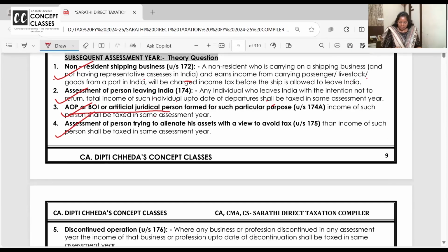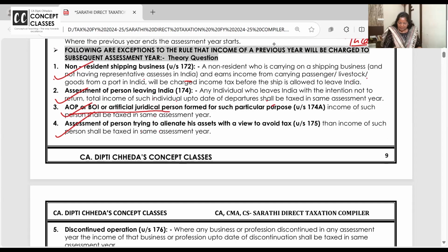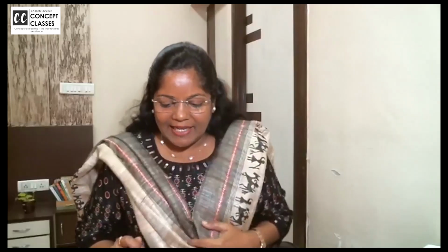Fourth one is very beautiful: assessment of a person trying to alienate his assets to avoid tax. I didn't talk about this. Say I have some black money and income, there's going to be a raid, and I come to know that tomorrow morning there will be a raid. Before that, I disperse and give the jewelry to my friend: sell this, keep the money in your house.